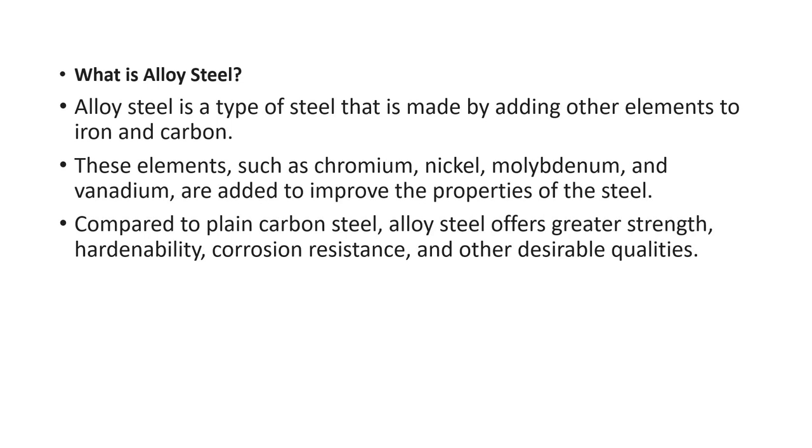Alloy steel is a type of steel that is made by adding other elements to iron and carbon. I already told that in an Fe-Fe3C diagram the main base is carbon as well as iron, and we are adding some other materials to that plain carbon steel to become alloy steel to improve properties.